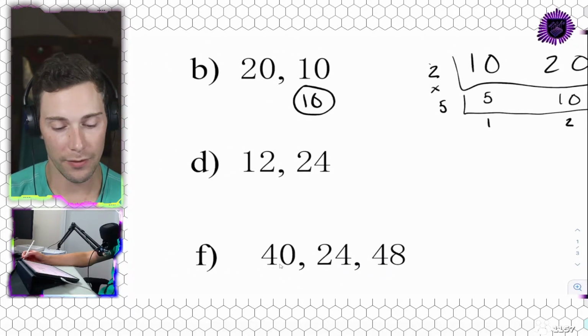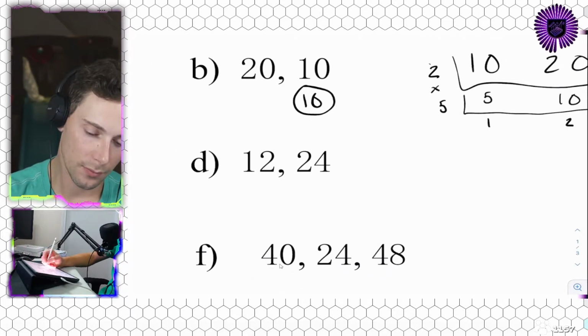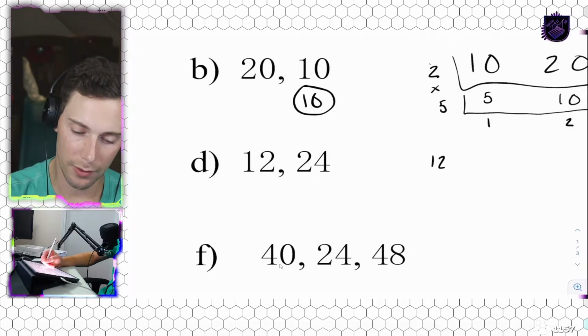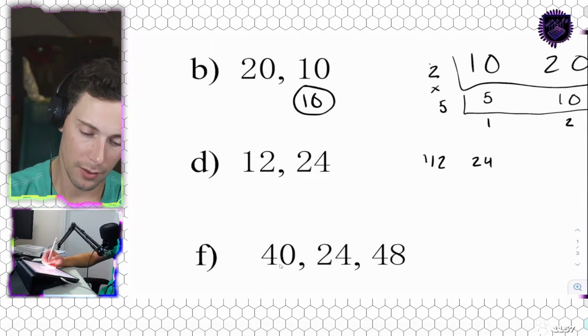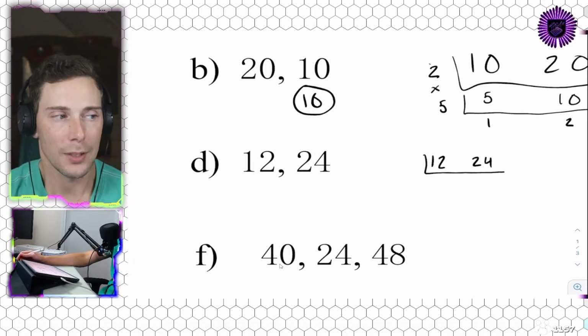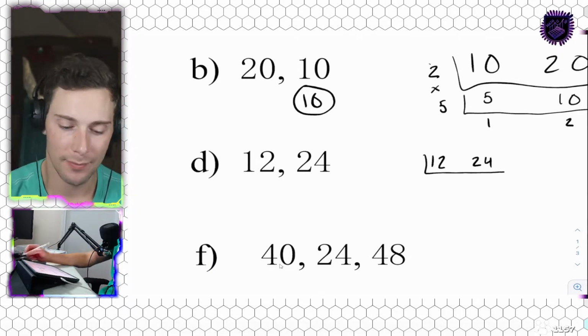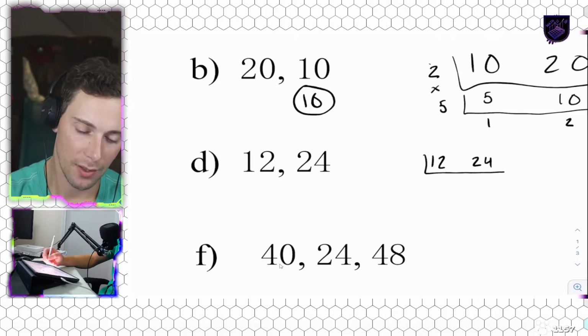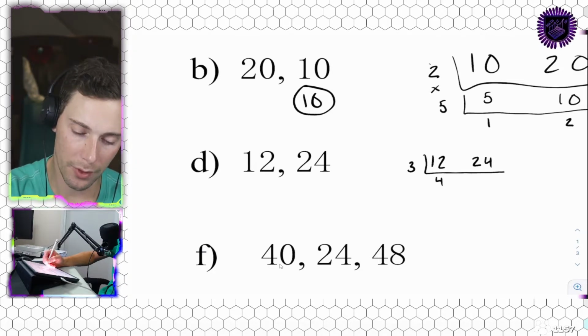12 and 24. 12, 24, again, just practicing our ladder method here. Let's humor this again, and let's say we chose 3, and 12 divided by 3 is 4, and 24 divided by 3 is 8.